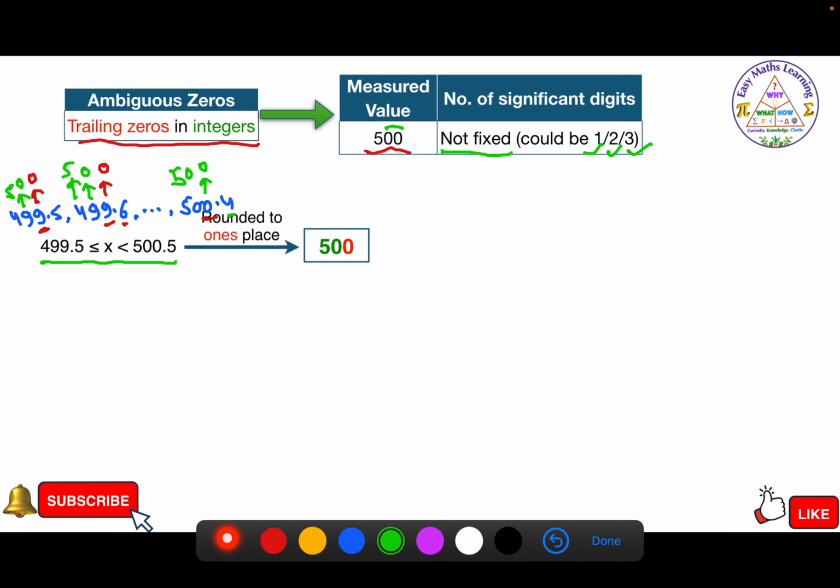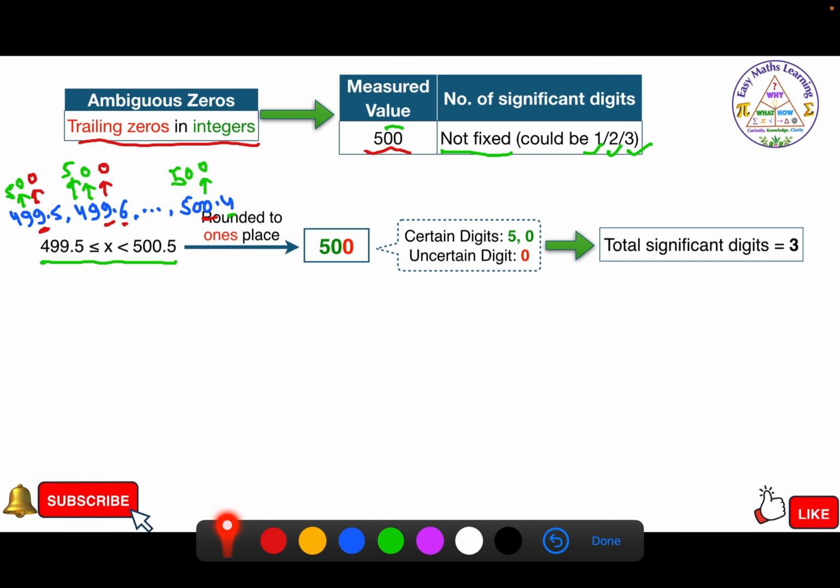So you can see here that the measured value 500 is obtained after rounding of the true value to the ones place. Clear? So the certain digits are 50 and the uncertain digit is 0, which is the last digit after rounding. Therefore, total significant digits in this case are 3. Two certain digits and one uncertain digit, total 3.